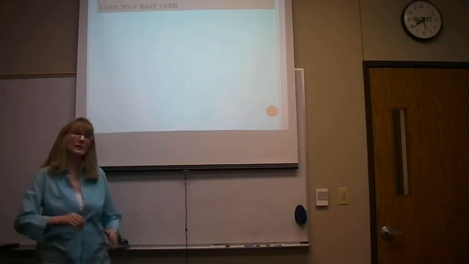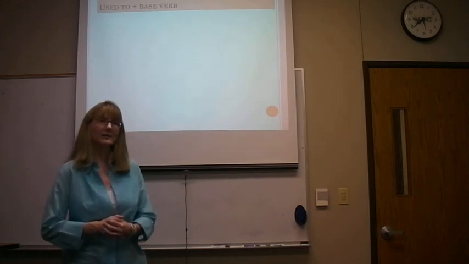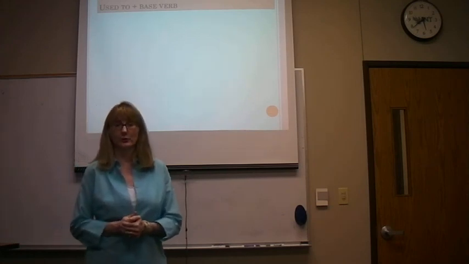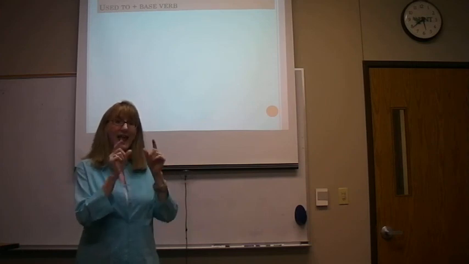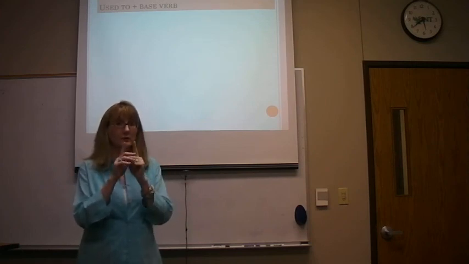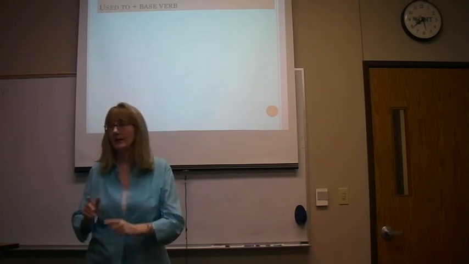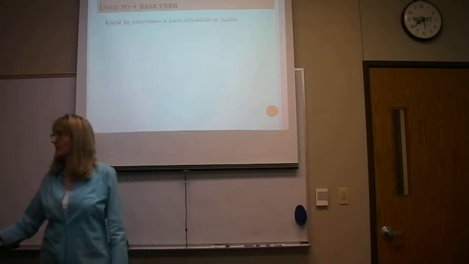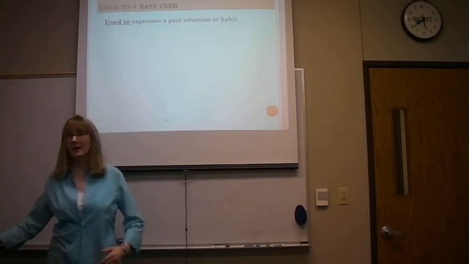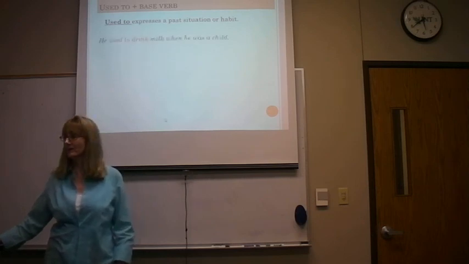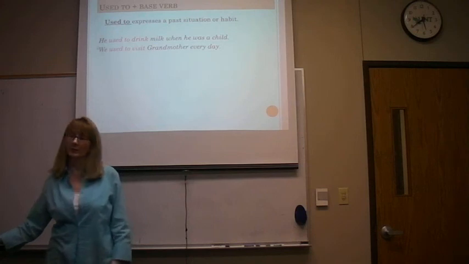Now, we need to talk about a special verb, and that's the verb used to. You always have to have the used and the infinitive to plus the base verb. Now, we use this to talk about a past habit or a situation. For example, he used to drink milk when he was a child.